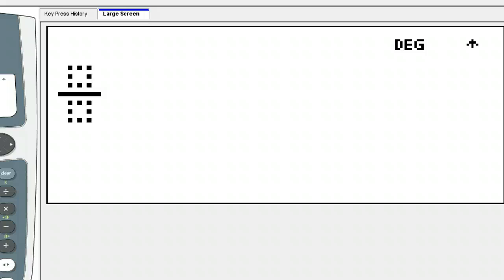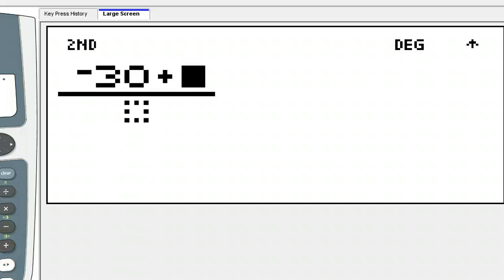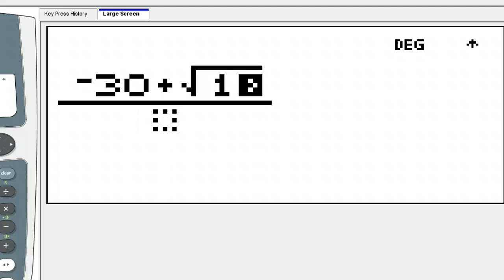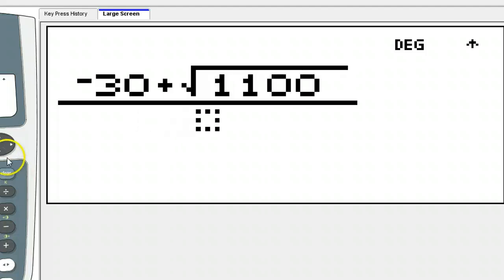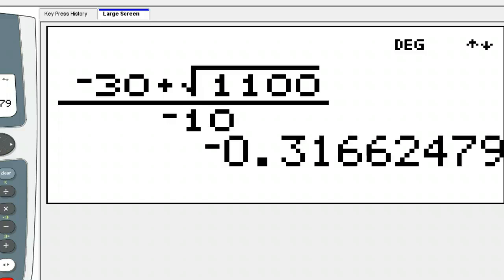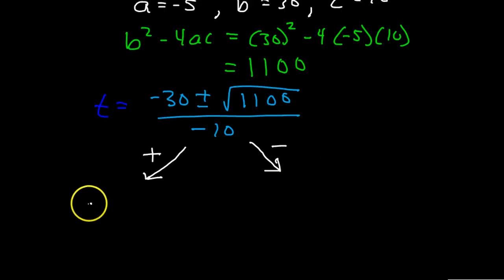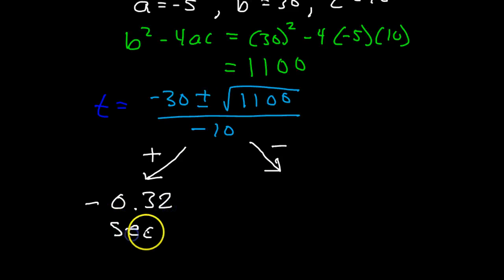Fraction mode, negative 30 plus radical 1100 over negative 10. Okay, that is negative 0.32 seconds. Alright, and we're talking about time here.